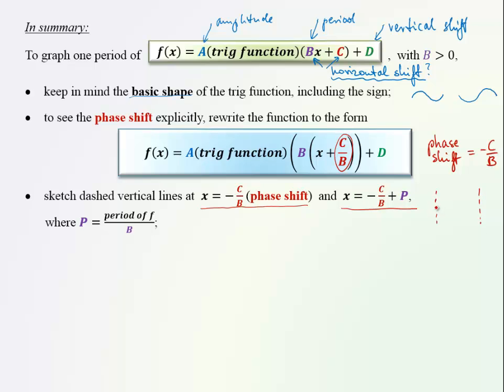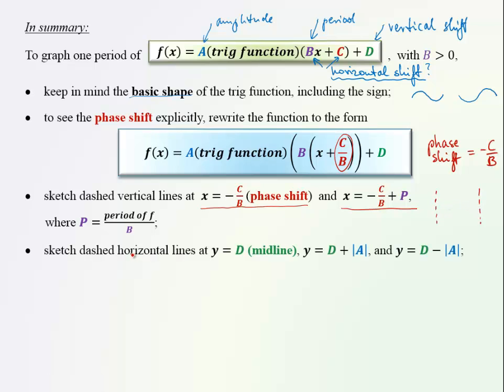Okay, so we know that our full period of the function f will have to fit within these lines. And then we draw horizontal lines. Those horizontal lines will start with the midline. The midline is determined by the coefficient d.